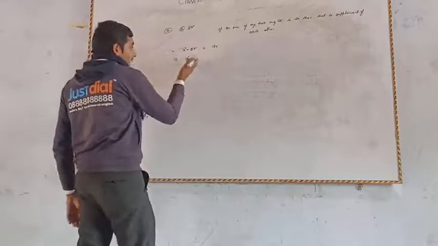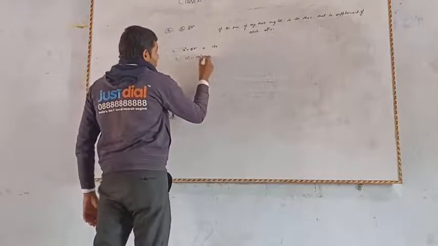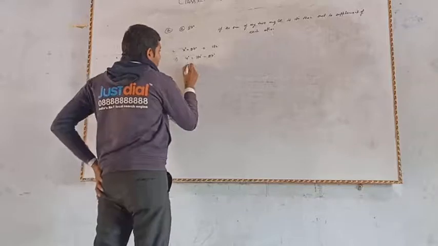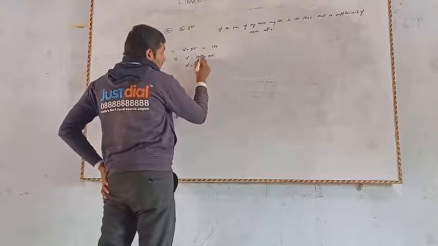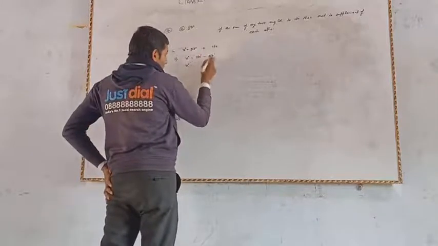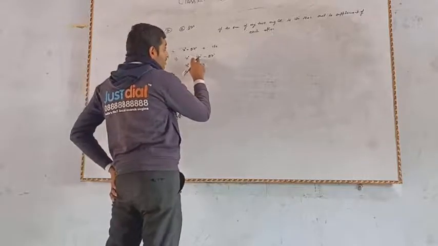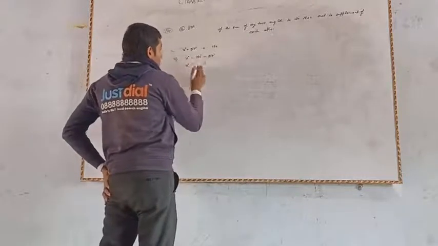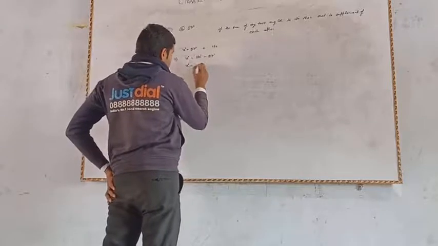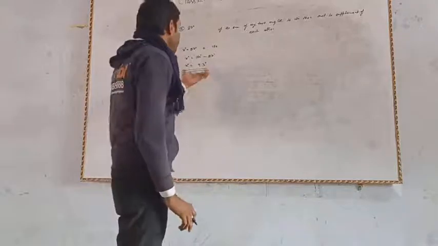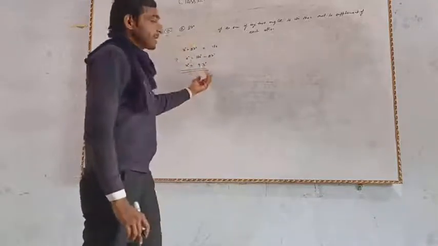So x degrees is equal to 180 degrees minus 87 degrees. We borrow 1, 10 minus 7 is equal to 3, and now 7 remains, so 17 minus 8 equals 9. So x is equal to 93 degrees. So the supplement of this angle is 93 degrees. Now clear? Time is over, and again we will see later.